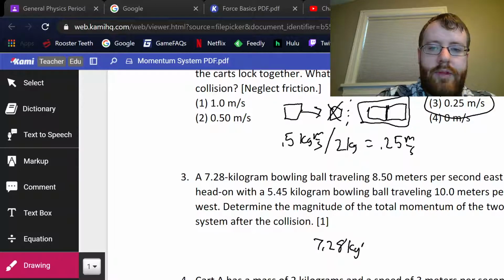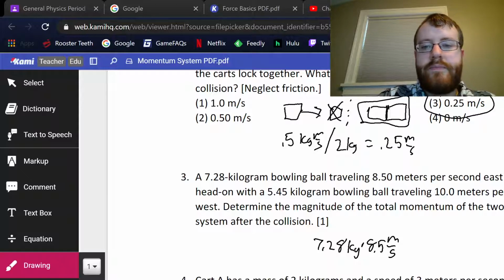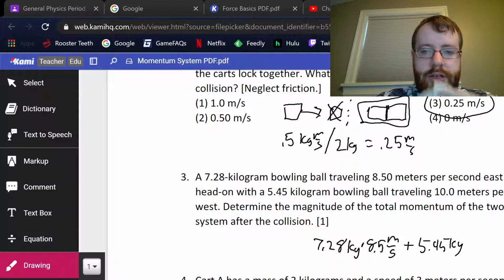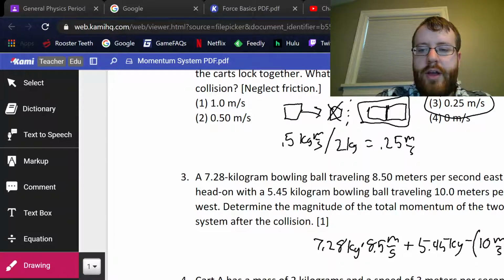6.28 kilograms times the 8.5 meters per second, plus the 5.45 kilograms. And let me just double check the directions. Looks like the first bowling ball is traveling to the east while the other one's traveling to the west. So we have opposite directions, so I can make this speed a negative speed. And it's going to be negative 10 meters per second.